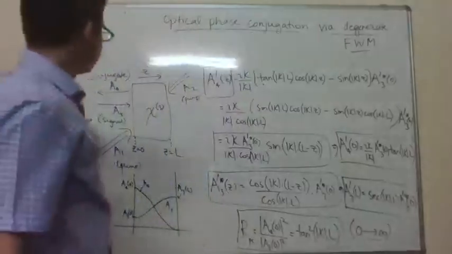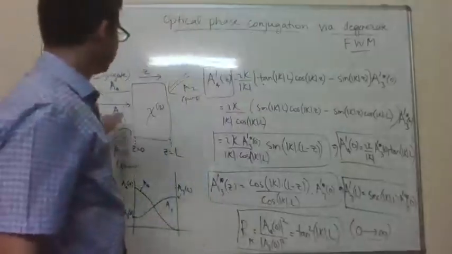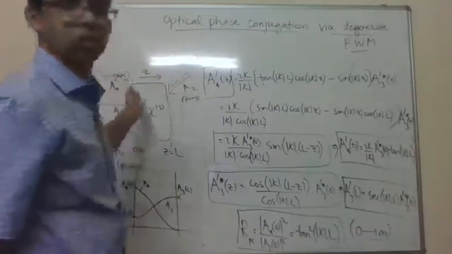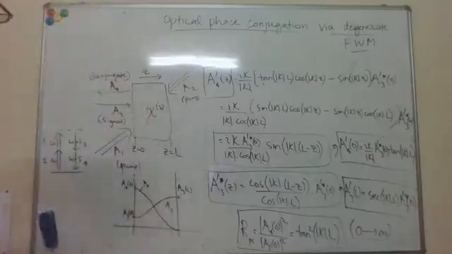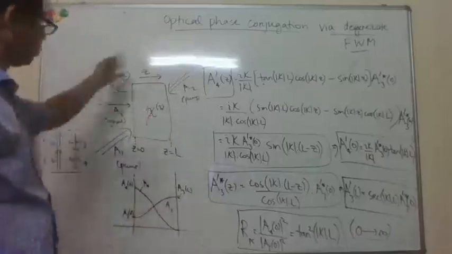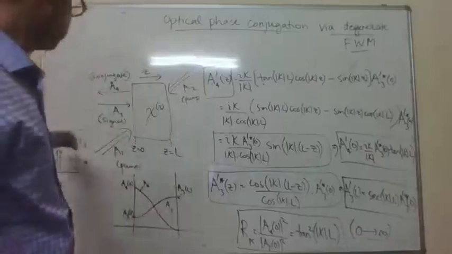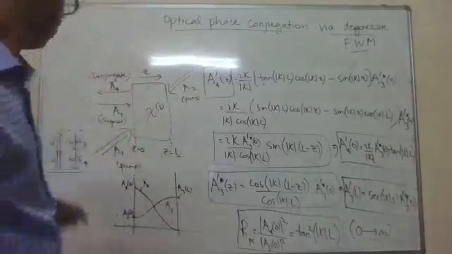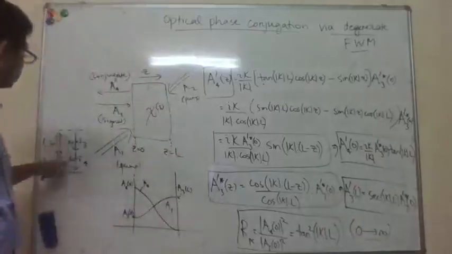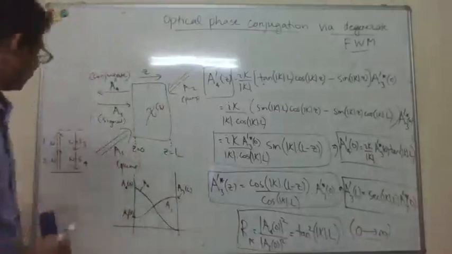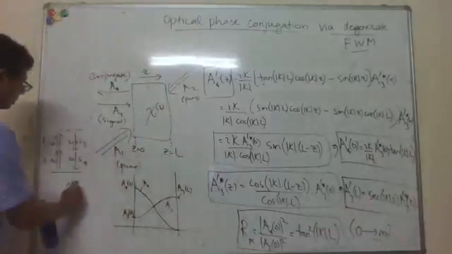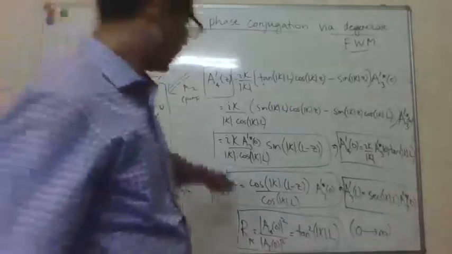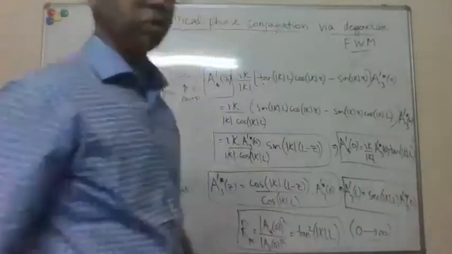When all the frequencies are equal, we automatically got phase matching: K1 plus K2 is equal to K3 plus K4, or K1 plus K2 minus K3 minus K4 is 0. By construction it is 0. But if the frequencies are not equal, the total delta K will not be 0. That leads to phase mismatch, which again reduces the reflectivity down from the ideal value.